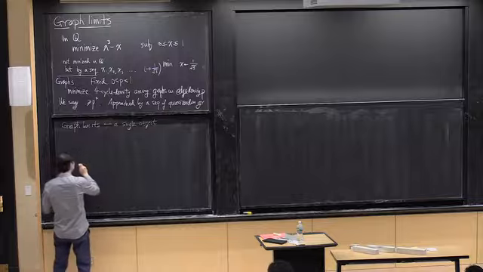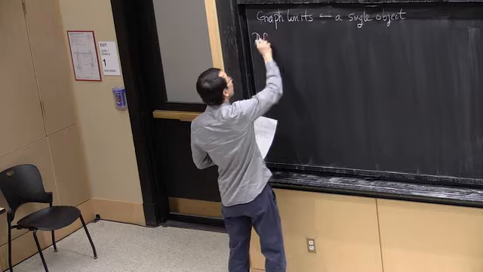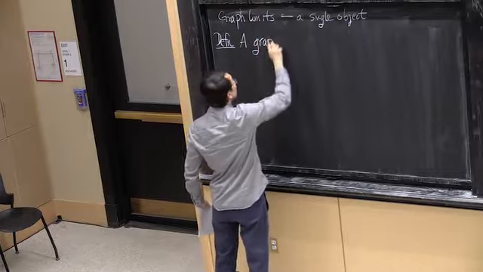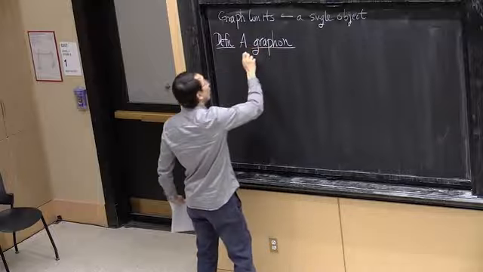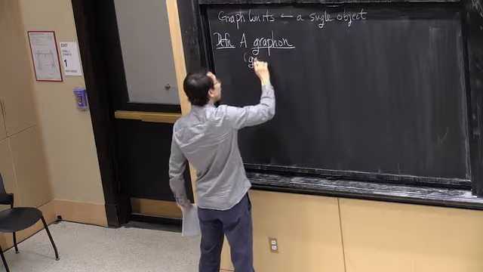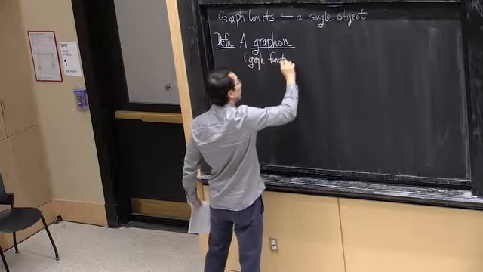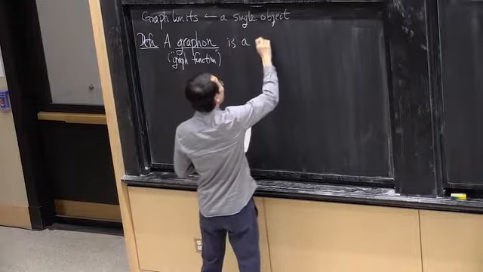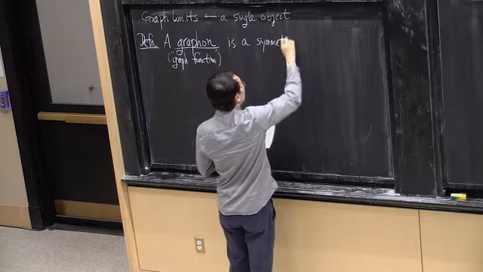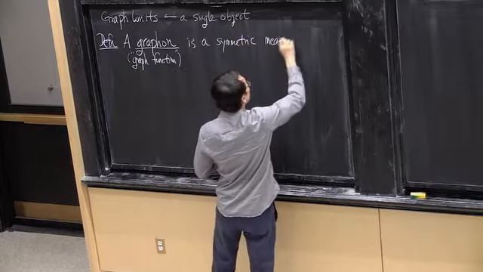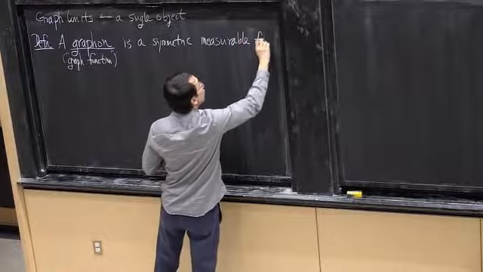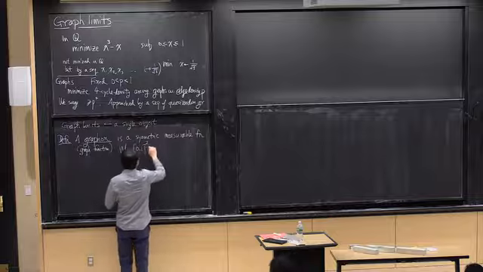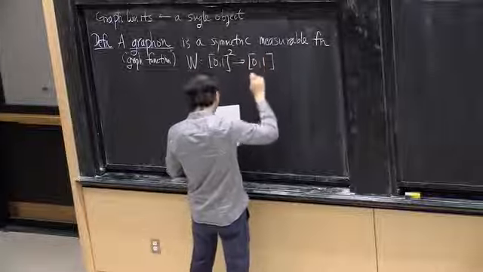Now let me begin with some definitions. The main object that we'll look at is something called a graph function. A graph function is by definition a symmetric measurable function, often denoted by the letter W, from the unit square to the 0, 1 interval.